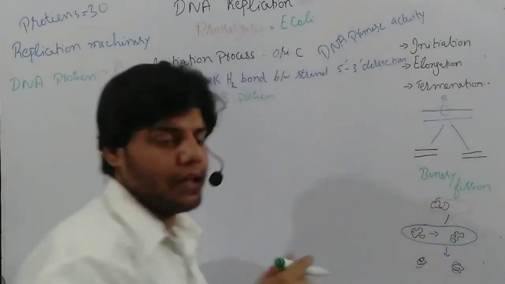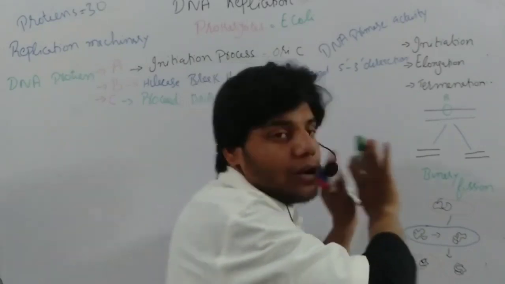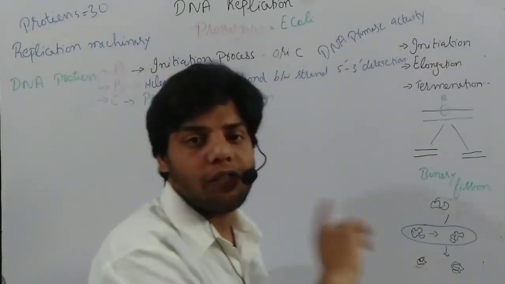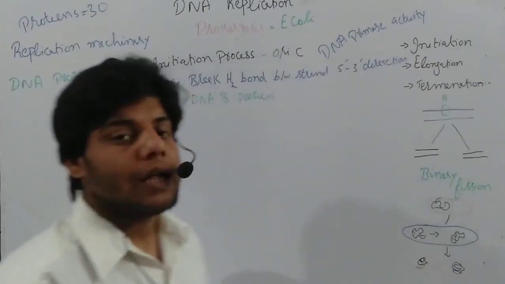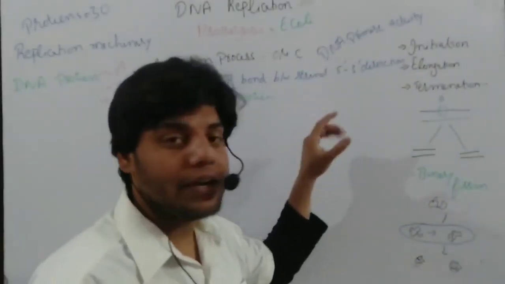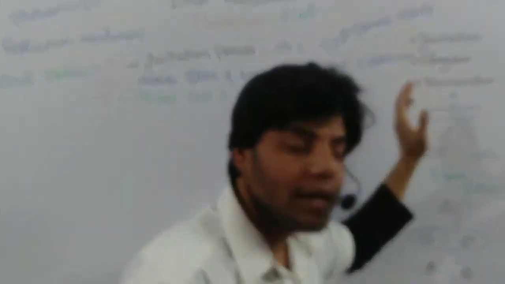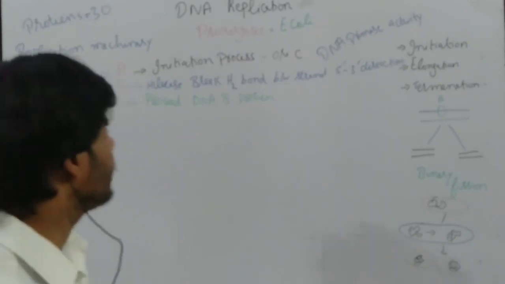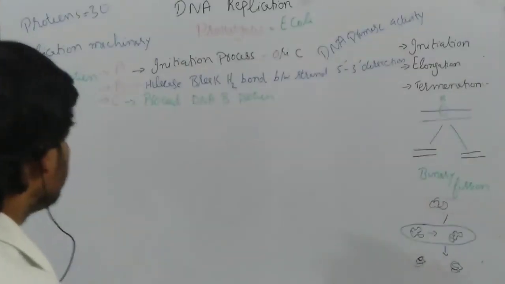They just bind here. They can't go in the forward 5' to 3' direction. When DnaC protein binds here, then they can start proceeding. This is the job of DnaC protein.